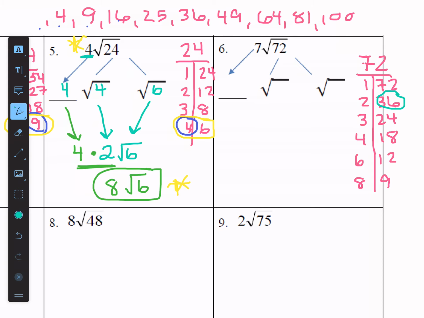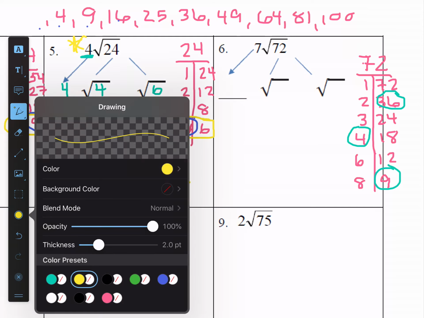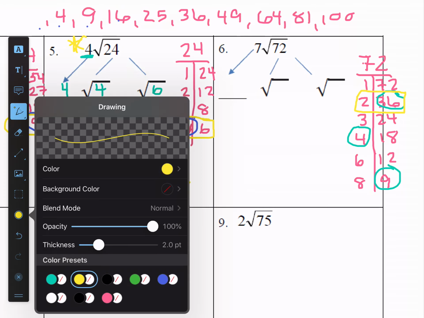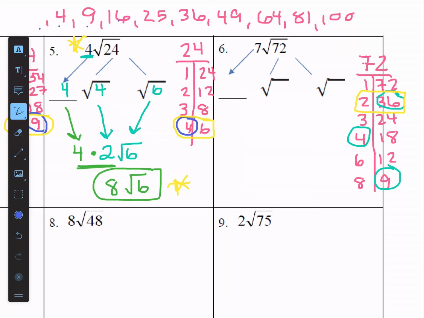So we've got 36, 4, 9. So we have a few, but remember, we only want the biggest one being, in this case, the 36. Okay, so we are going to break this into, now the 36, remember, comes first. The perfect square comes first. So the square root of 36 and the square root of 2.